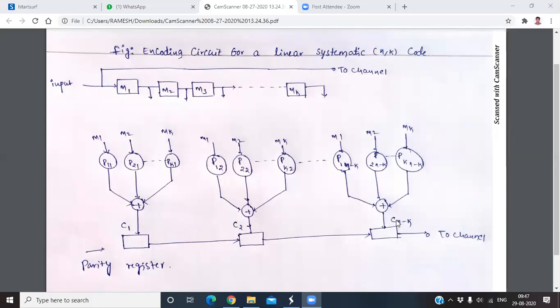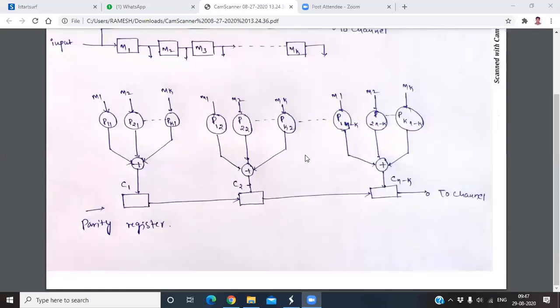Now coming to the syndrome diagram also. Coming to syndrome.